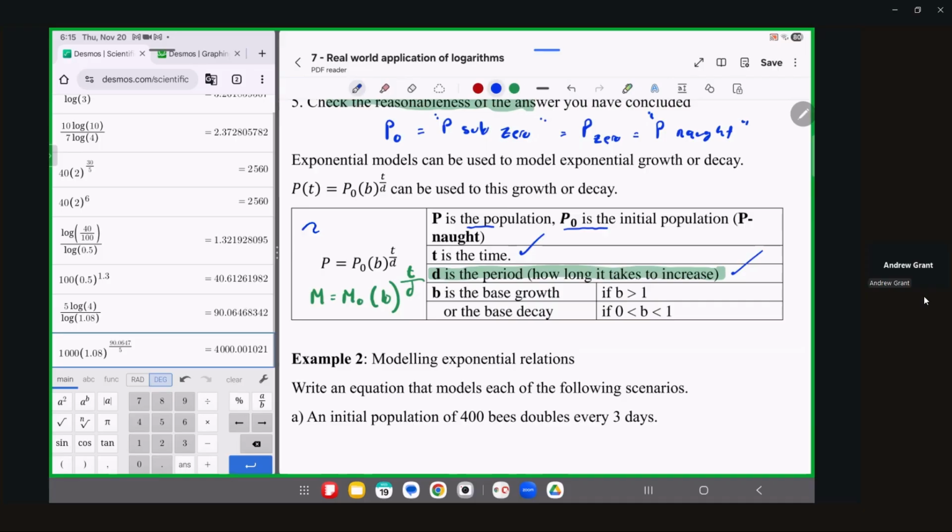Or you can also write this as, say, f of x is equal to f0 times b to the power of t over d. Just know that these all mean the same thing insofar as they're describing some sort of exponential growth. And I should say that it's b to the power of x over d. I'm just used to t because for exponentials, typically t is time. Sorry, excuse me. Okay.